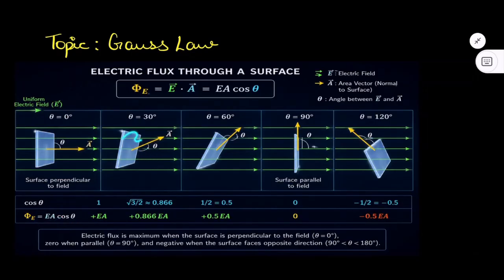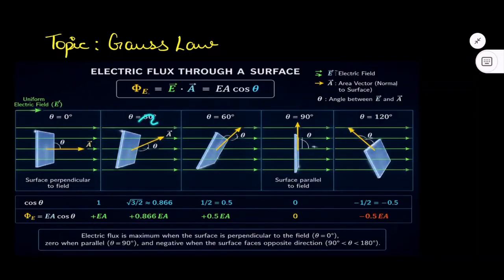Now as we go on increasing the angle, so we tilt the surface through some angle theta equal to 30 degree, and now the normal vector changes accordingly, but electric field directions are the same. Therefore we say that the angle between area vector and electric field comes to be 30 degree, and we get some another value of flux.